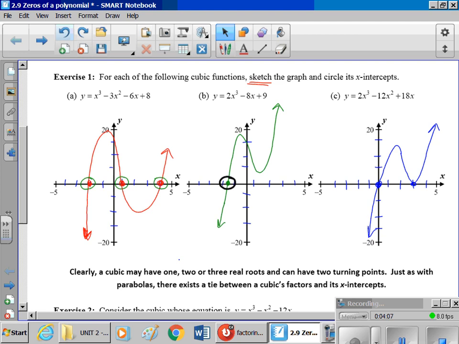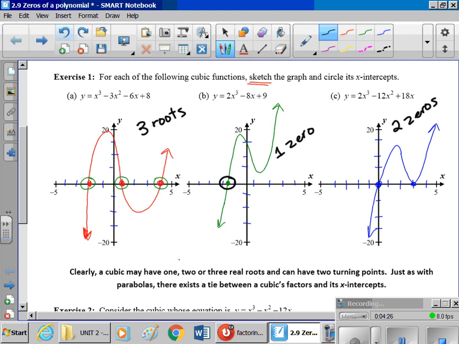So what do we notice about these three? In this case, we have 3 roots here, or zeros. We should call them zeros, right? We have 1 zero here, and we have 2 zeros here.